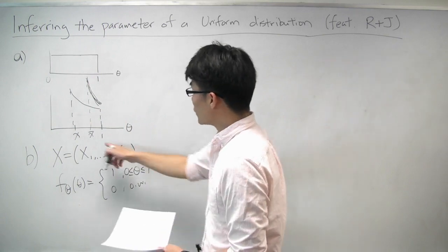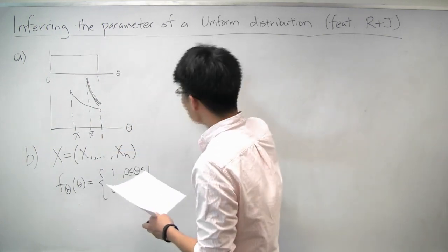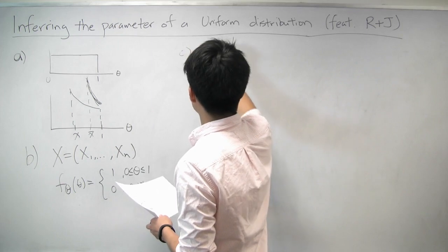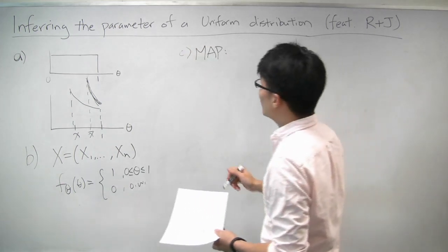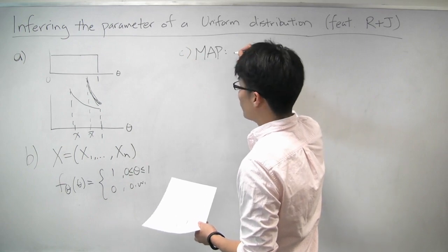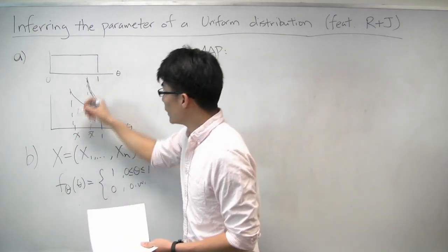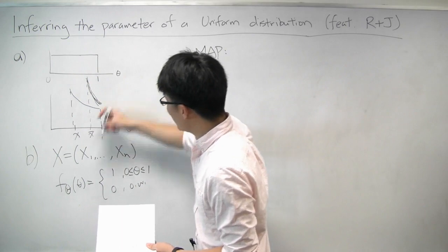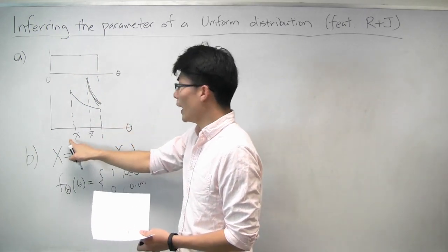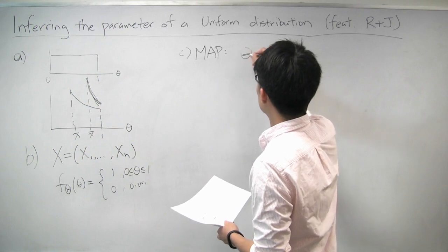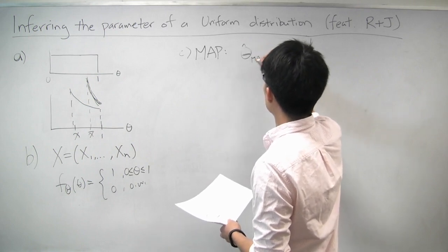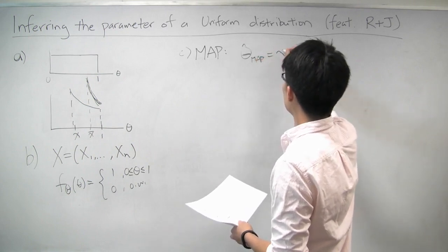So if you look at this posterior distribution, the MAP will just take the highest value. In this case, because the posterior looks like this, the highest value is in fact x. And so theta hat MAP is actually just x.